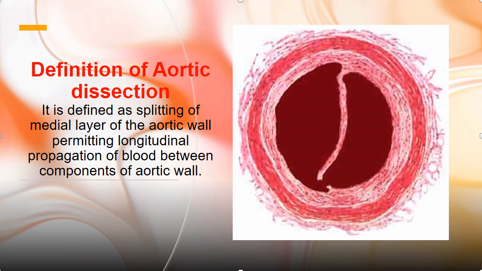The passage of blood into the false lumen will cause a tear in the intima or the intima media space and compress the true lumen, not only at the affected vessel but also the side branches arising from the affected portion.